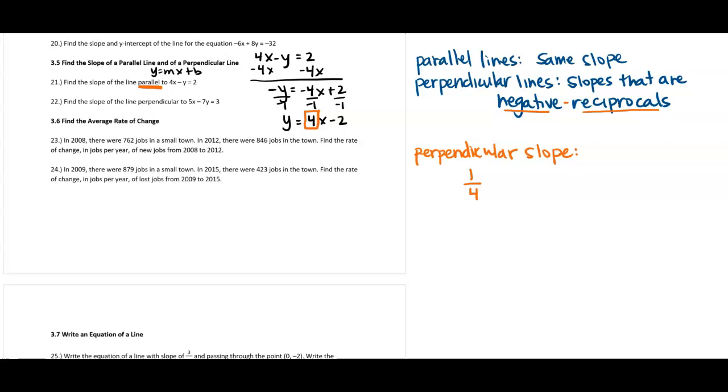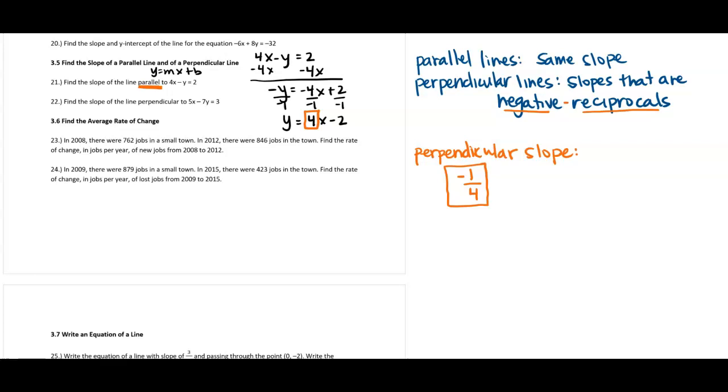All right? So since it was a +4, we'll change it to a negative, and then also flip it. Okay? So make sure you remember both of those things. That's probably one of the most common things that's missed on the final exam, is people remember to either flip it or change the sign, but forget they have to do both. Okay, so write that down in your notes somewhere so you remember you got to do both of those.